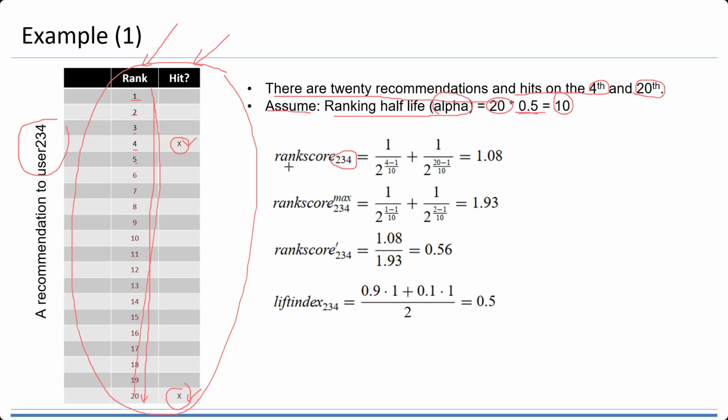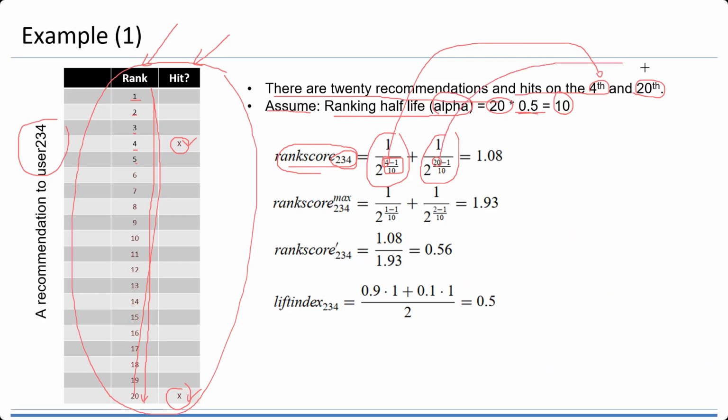So when we calculate the rank score for user 234, we can just put in the formula. Okay, 1 divided by 2 exponent (4 minus 1) divided by 10, where 4 is the position that the product has been hit, plus 1 divided by 2 power of (20 minus 1) divided by 10.